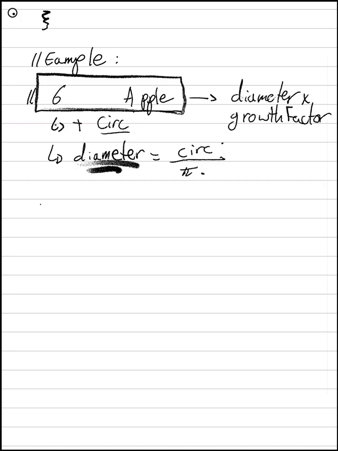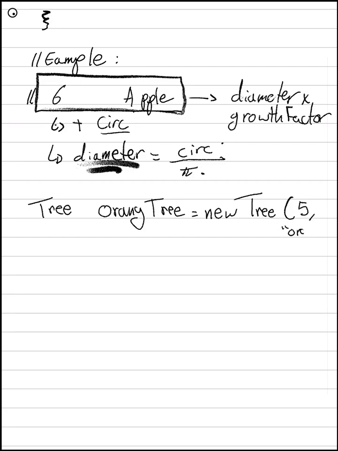So I will make a tree called orange tree. Okay. And it will be a new tree that has a growth factor of 5 and type orange. Okay? So far, so good.